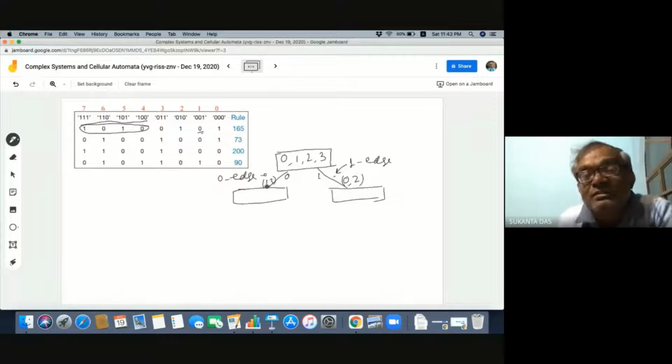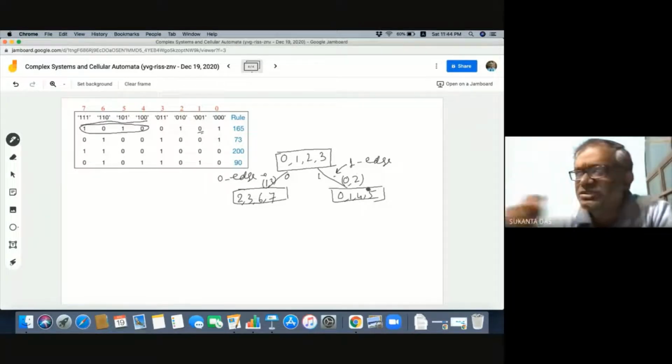Since it's 1, I write 2 into 1, and 2 into 1 plus 1, that is 2, 3. For 3, 3 into 2 is 6, 6 plus 1 is 7. So here it is 2, 3, 6, 7. In this case, 2 into 0 is 0, 2 into 0 plus 1 is 1. Similarly, 2 into 2 gives 4 and 5.